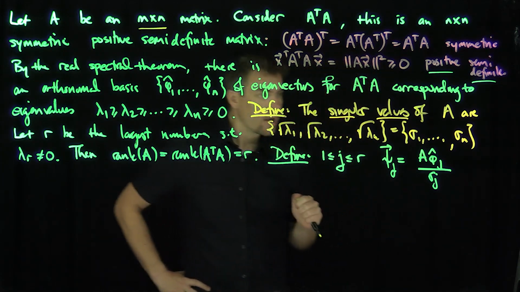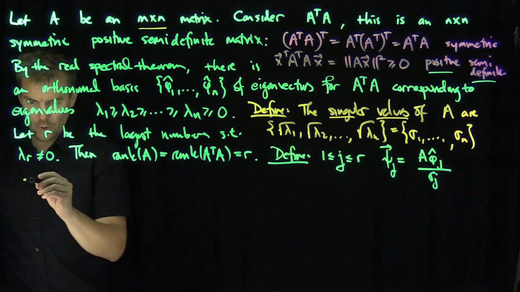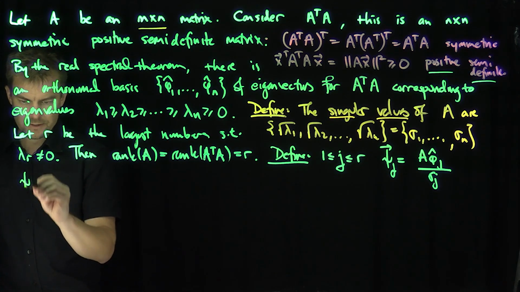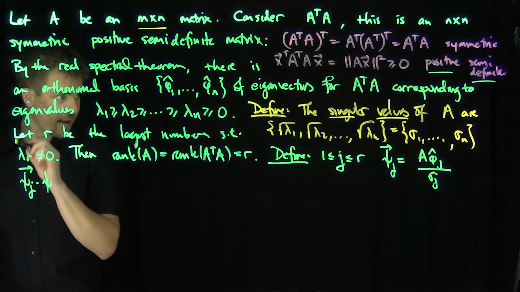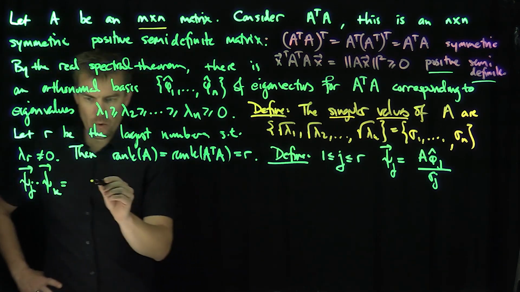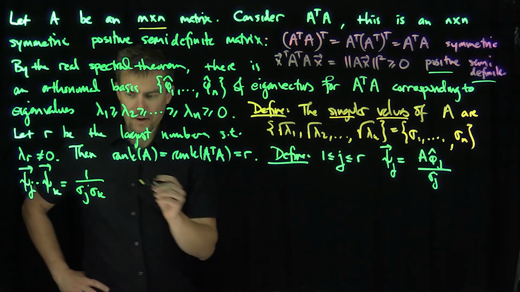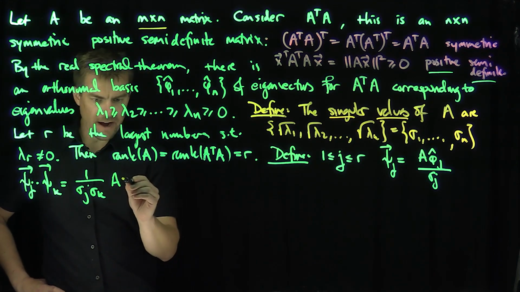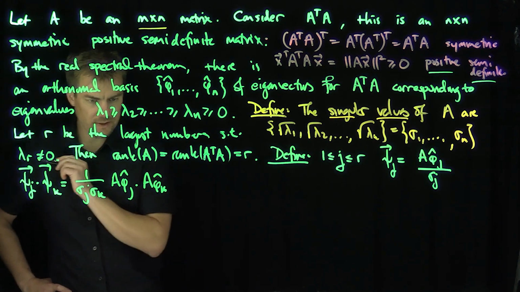What's the cool thing about these vectors? Let's look at psi j dot product with psi k. This is 1 over sigma j sigma k times A phi j dot A phi k.